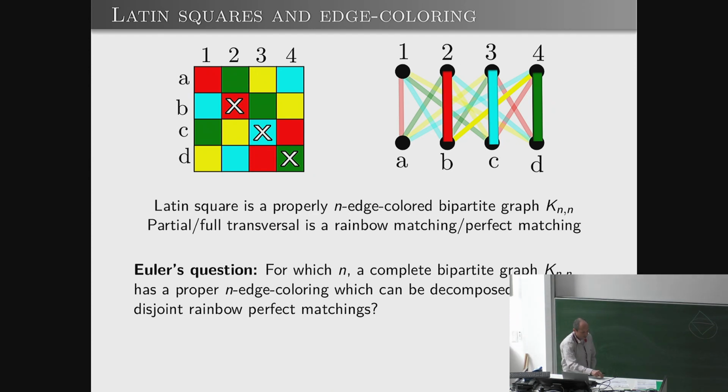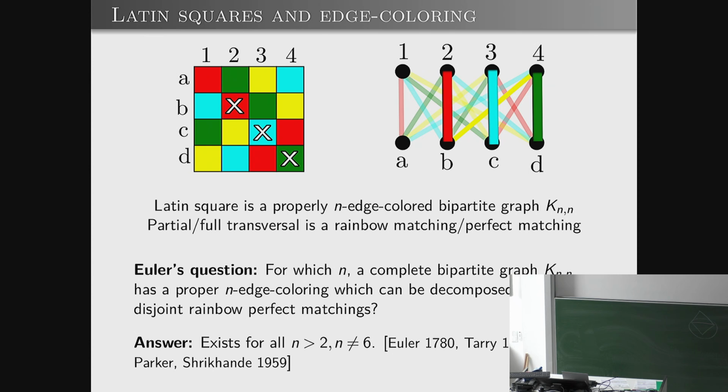Good. So the question of Euler took 180 years to answer. Actually, as you remember, the case n equals 6 was the one which came from Catherine the Great, and Euler didn't manage to construct this square because indeed it does not exist. So one can show that there is no 6 by 6, so this officers' problem has no solution. There is no 6 by 6 Latin square which can be decomposed into disjoint transversals.